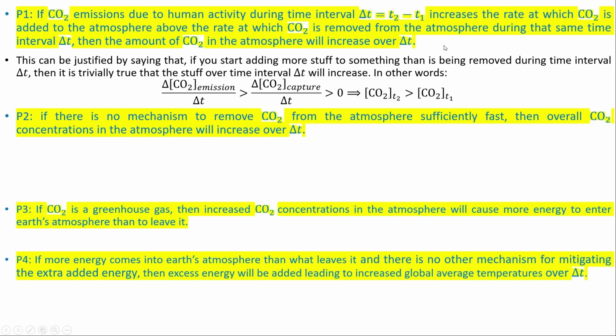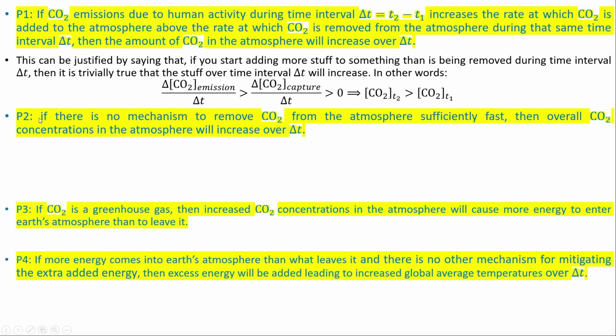This can be justified by saying that, in general, if you start adding more stuff to something than is being removed from it in some time interval, then it's trivially true that the stuff over that time interval will increase. In other words, if the rate at which the CO2 is emitted is greater than the rate at which it is being captured, then we would see that the concentration of CO2 at T2 will be greater than the concentration of CO2 at T1.